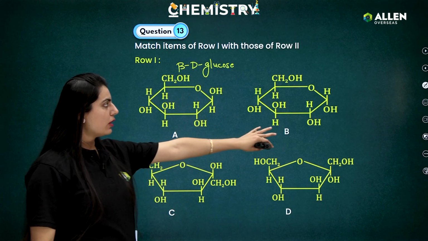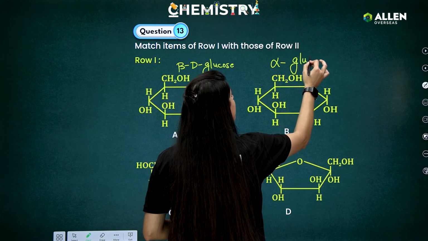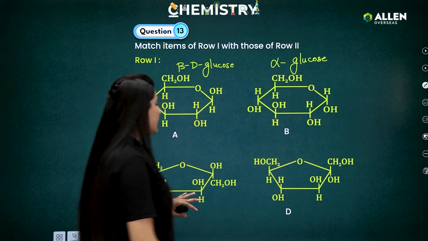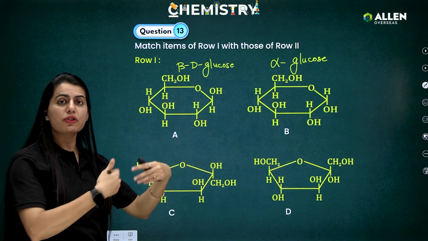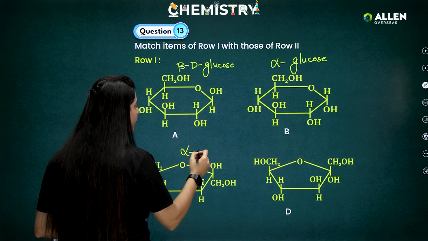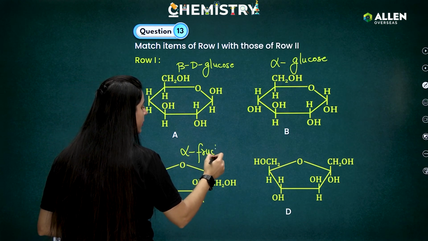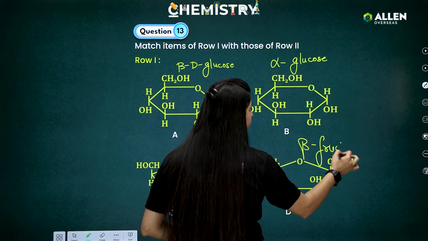If you see this particular part, it is the alpha form of glucose. If you see this particular part where OH will be on the left side and CH2OH on the other side, that way this is alpha fructose and this is beta fructose.